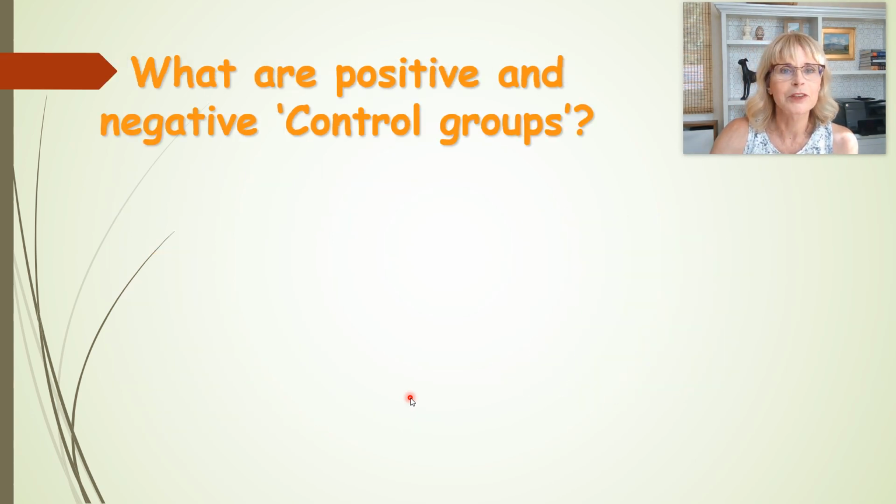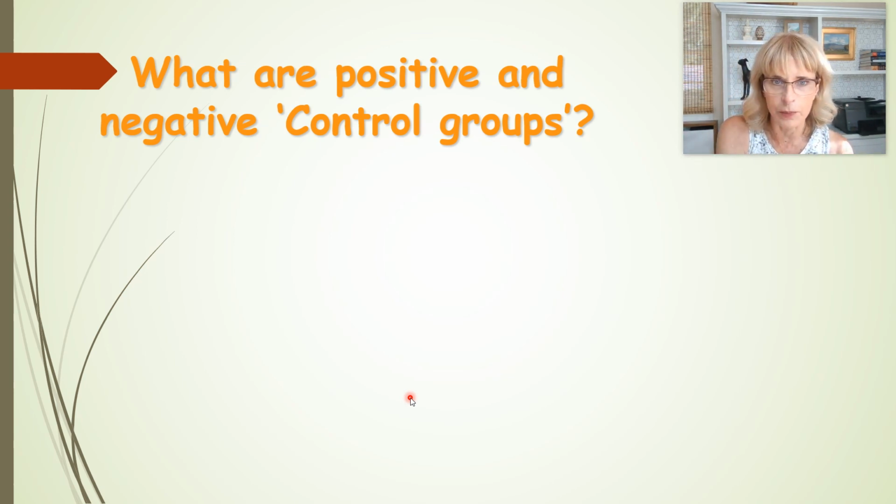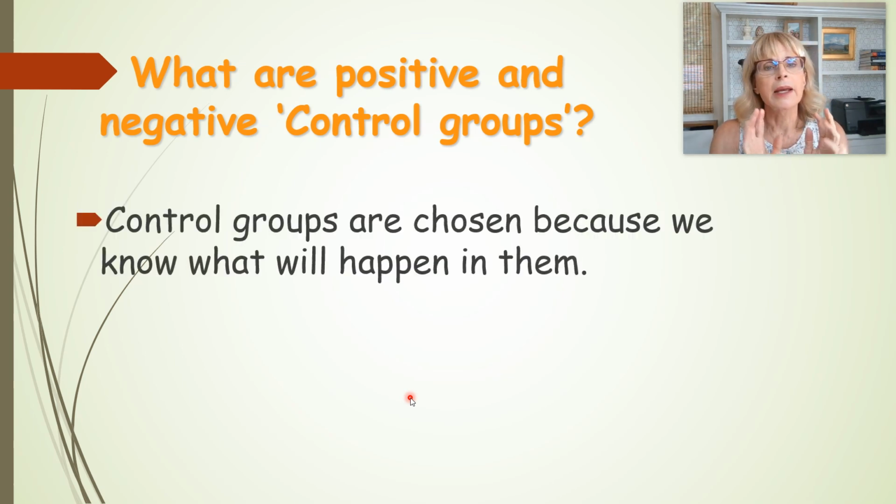Okay, good. So I mentioned controls and controlled variables. Okay, that's confusing. I apologize. What are control groups? Scientific experiments often have a lot of control groups, but basically a control group is a group that gets chosen because we know what will happen to that group.